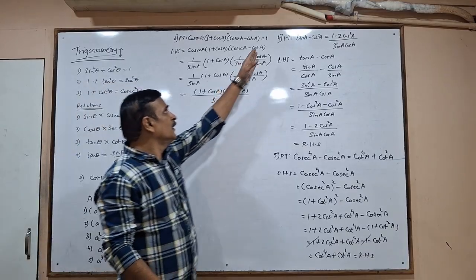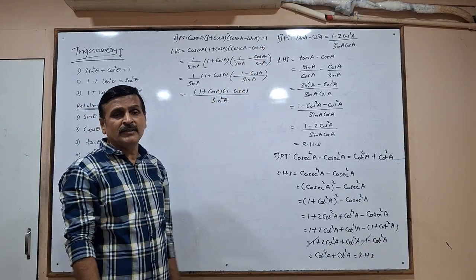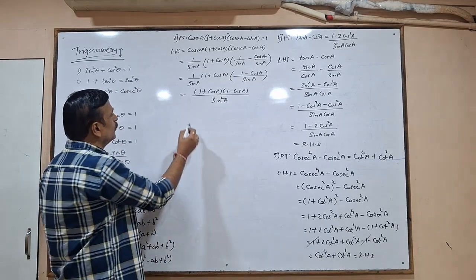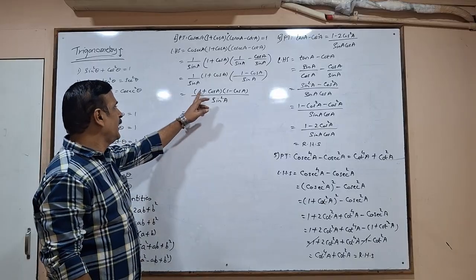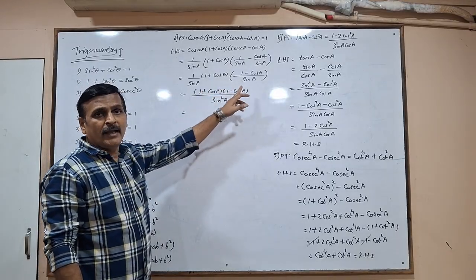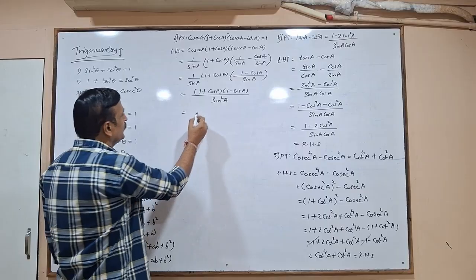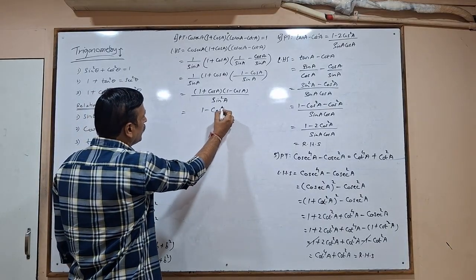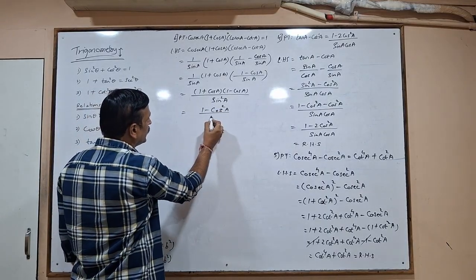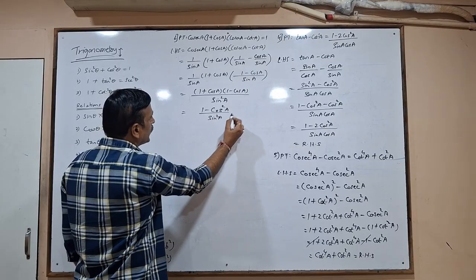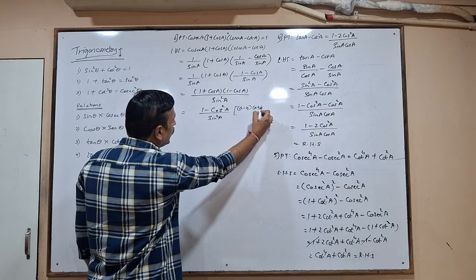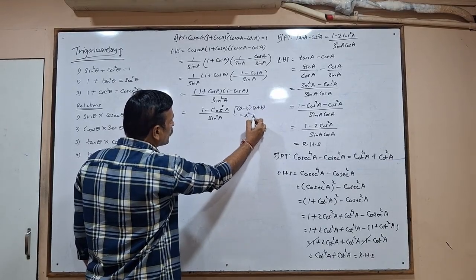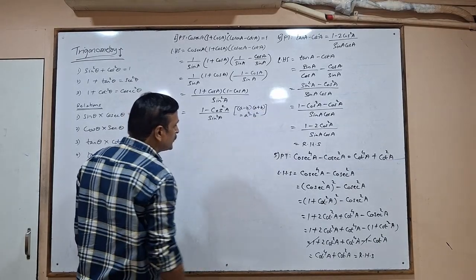Now what I observe, right hand side there is 1, means everything should get cancelled. The numerator is of which form? (A plus B)(A minus B), which will be A square minus B square, upon sine square.